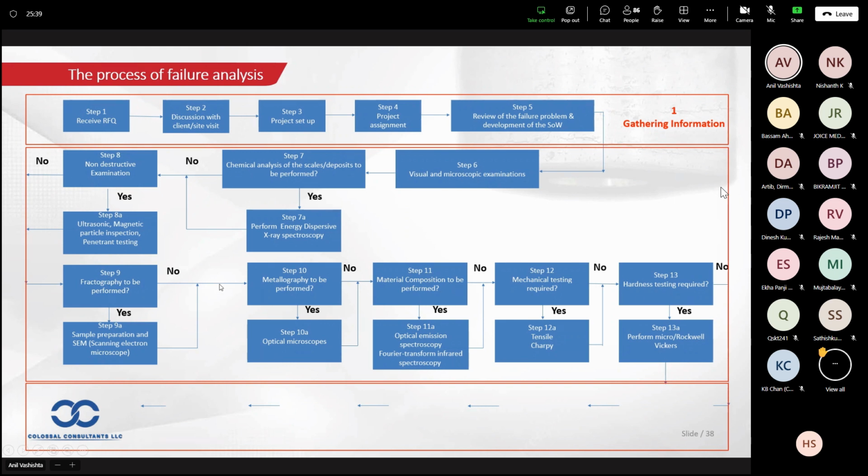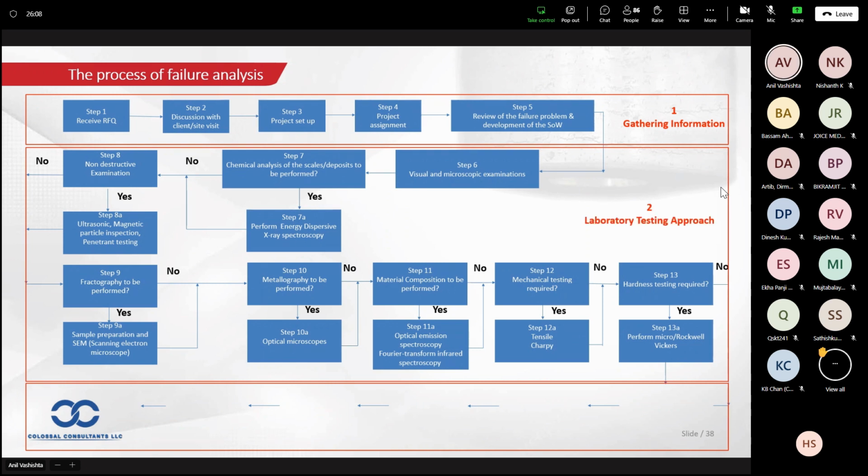But obviously, for example, mechanical testing cannot happen in the beginning, because once the mechanical testing happens, you have already cut and destroyed the sample. So that has to happen only after these steps have occurred. So you have to be careful. You have to analyze which step has to be performed in which sequence. As a failure analyst, it is your responsibility to perform these in the right sequence.